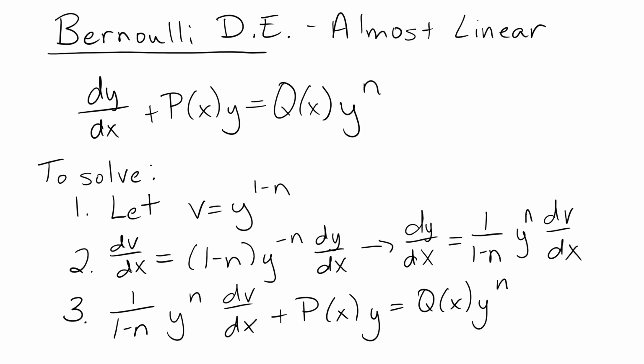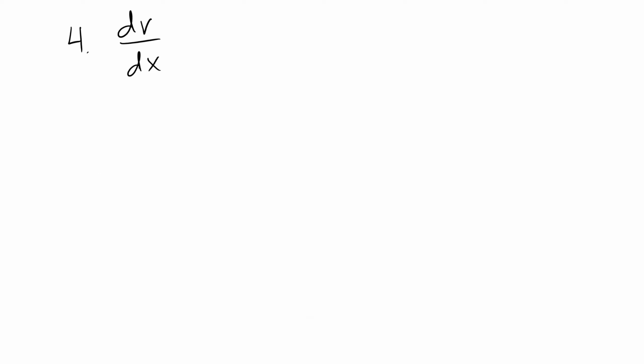So doing that, I have dv over dx. Now, let's go back. What happens? So I need to multiply by 1 minus n, and then divide by y to the n. So I'd have 1 minus n times p of x times y to the 1 minus n.